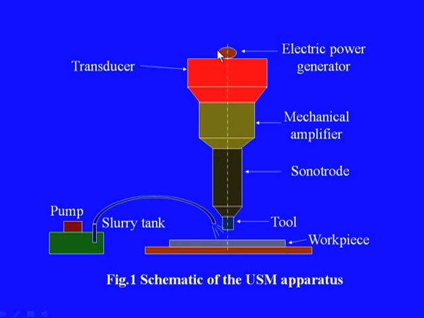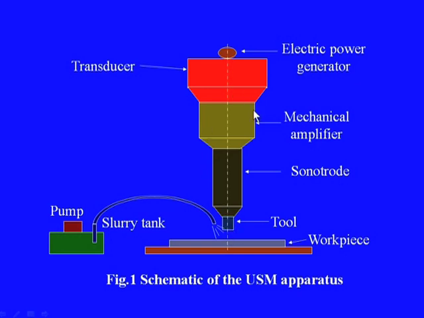Here the electrical power will be provided and the transducer will be responsible for converting this electrical power into mechanical vibration. This mechanical vibration will be further amplified, and this sonotrode will be responsible for coupling this mechanical vibration to the tool tip, and finally we will observe the net result, that is the mechanical oscillation at this tool tip.